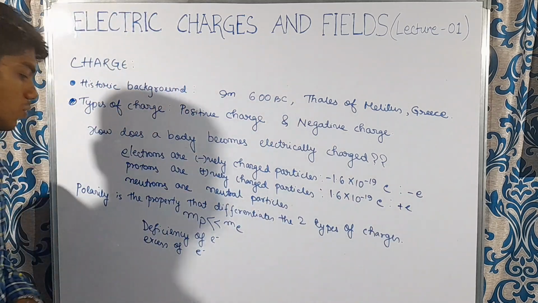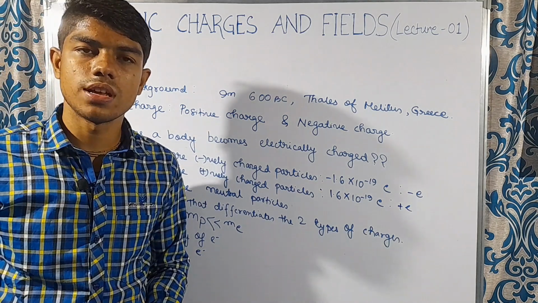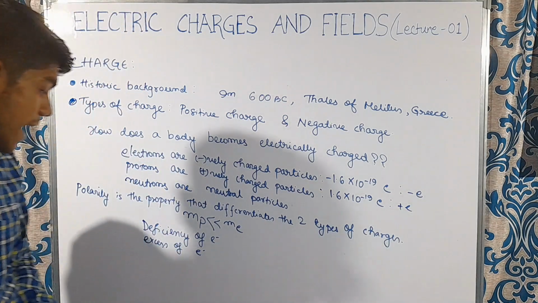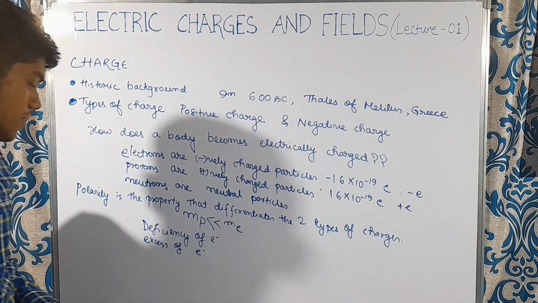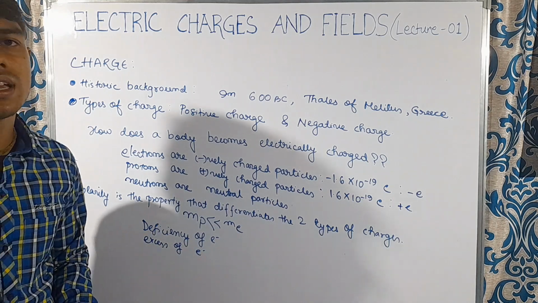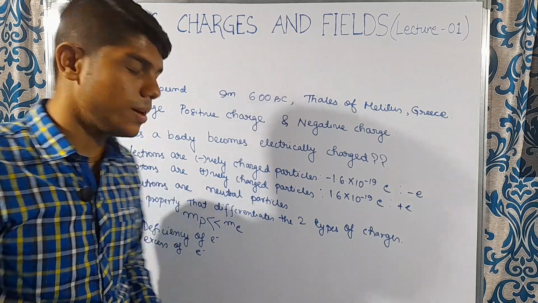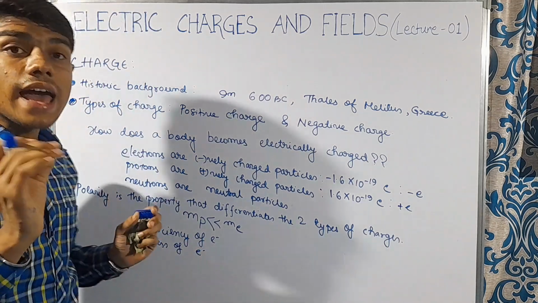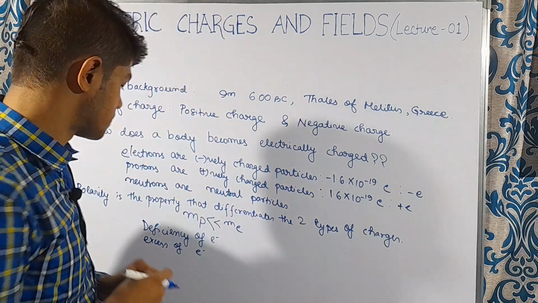Now, which body will have a deficiency of electrons? Obviously, it is the body from which the electrons have been transferred, and the body which has acquired the electrons will have an excess of electrons in it, and thus both the bodies become charged. So it is the actual transfer of electrons which makes a body charged.